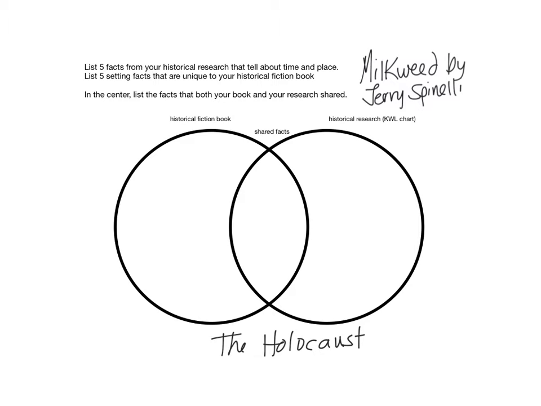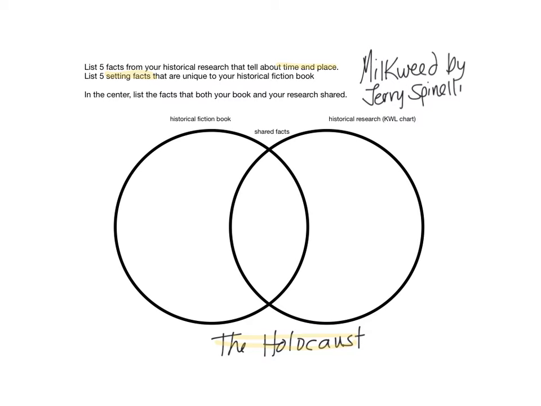As you can see, I'm going to be focusing on the Holocaust because I've been reading the book Milkweed to my in-person students. So the first thing I want to think about is time and place, because that is my setting, and that's really the focus of this piece, to really look at setting, the time and the place. So that's used in 2 different ways.